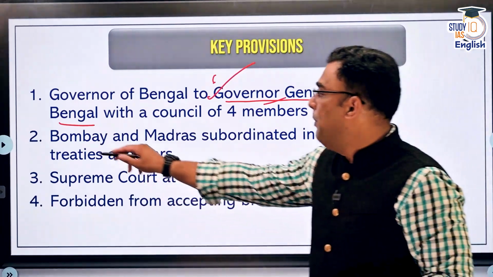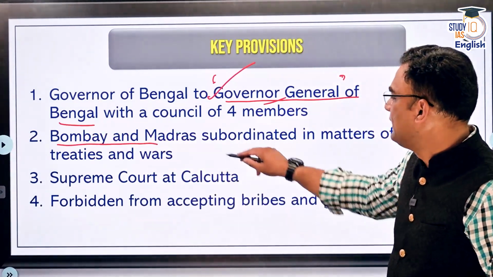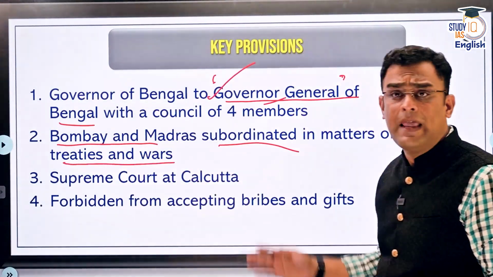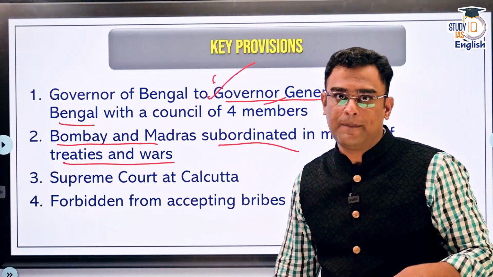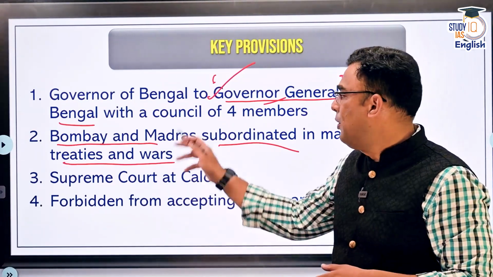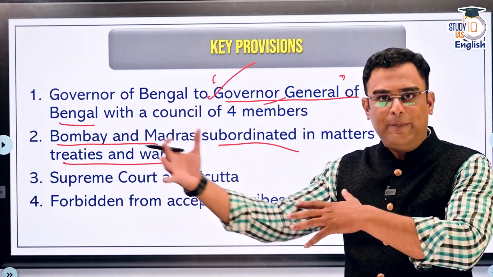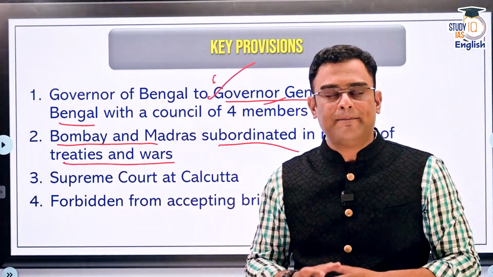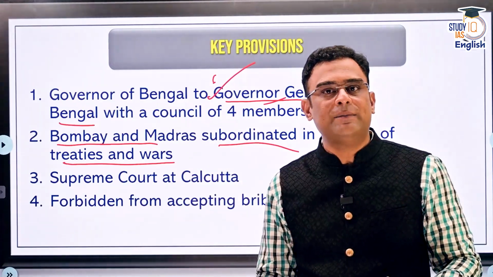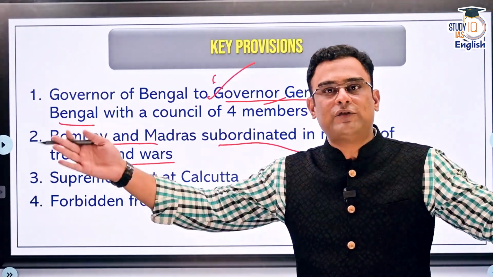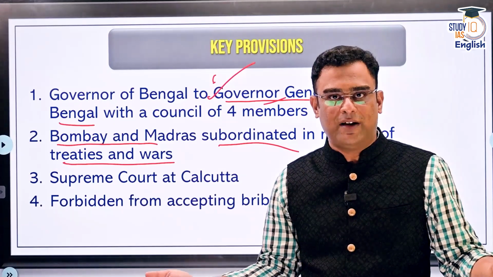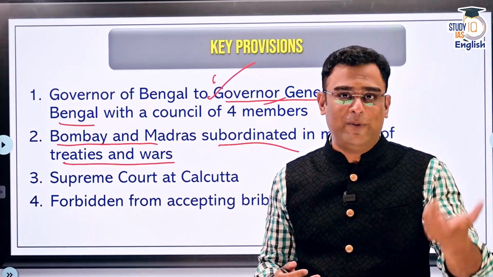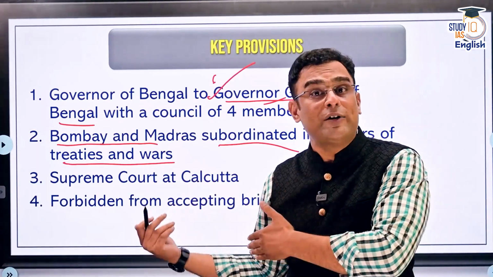Second, Bombay and Madras were subordinated in matters of treaties and wars. Now, before this act came about, these two areas, Bombay and Madras, vis-a-vis Bengal, were acting rather independently. Yes, they were part of that same company, but the distance was so huge, coordination was so difficult, and in those days, means of communication were not so advanced.